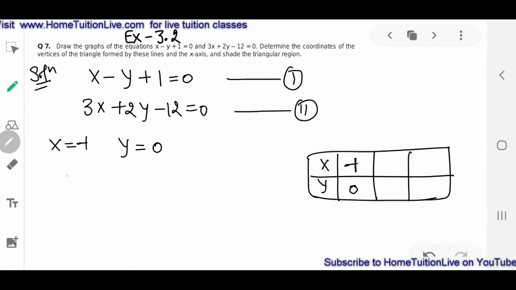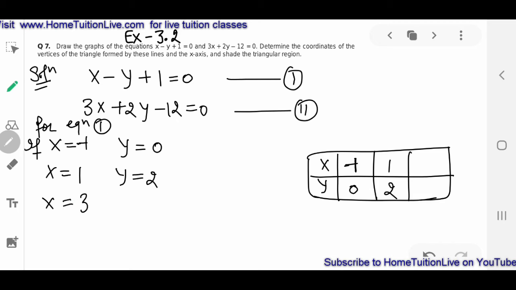If x is 1, y is 2 for equation 1. If x is 3, y is 4. Okay, this is for the first equation.